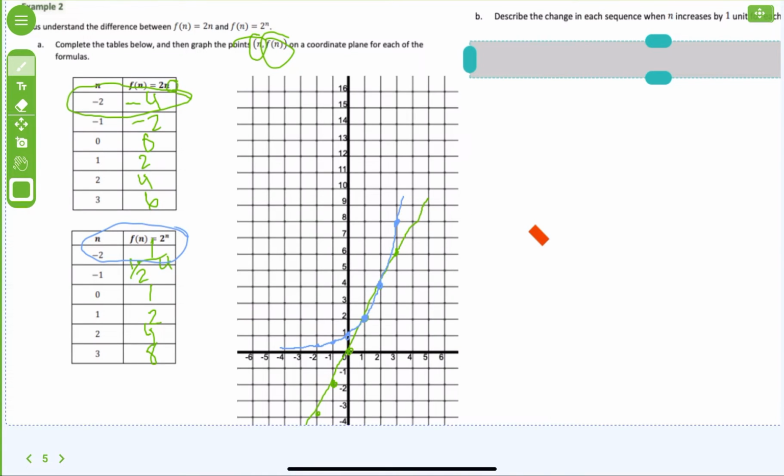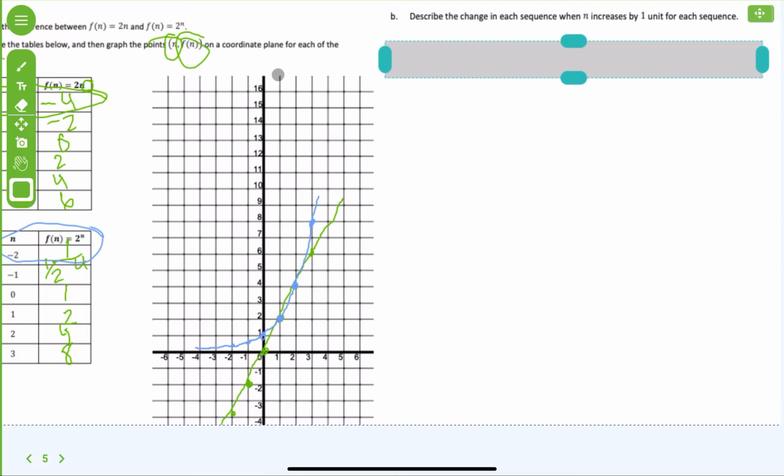Now, this says describe the change in the sequence when n is increased by 1 unit for each sequence. I've got to read that one more time. Describe the change in each sequence when n increases by 1 unit.